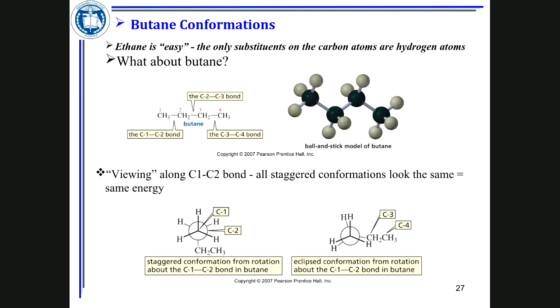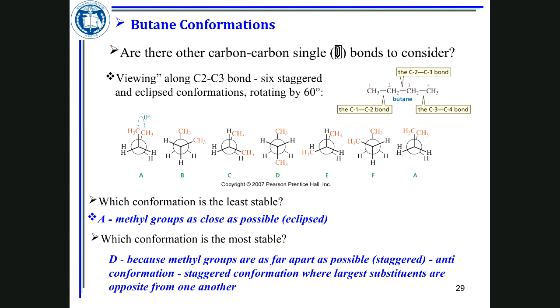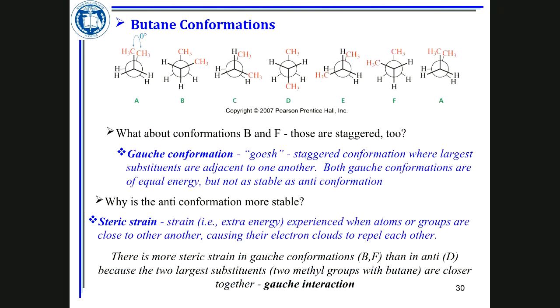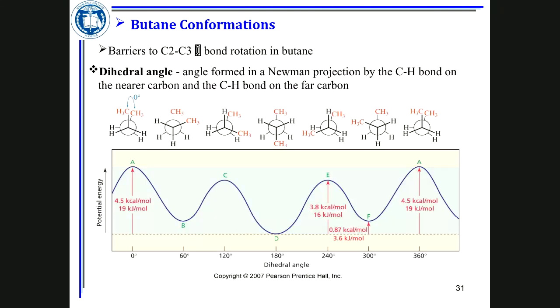So we are going to look at carbons 2 and 3. The Newman projection, I'm going to bring the Newman projection. I will draw the Newman projection for you, but I want to look at the energy diagram for you. So we have maximum amount of energy when it's totally eclipsed. So if you look at the energy diagram, you have A, that gives you the maximum energy, and then you have D here that gives you the minimum amount of energy.